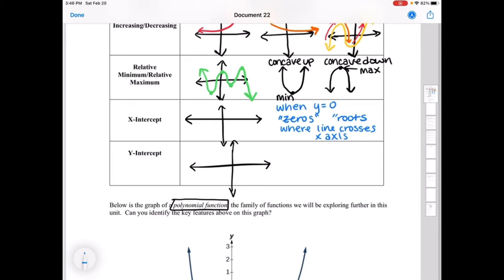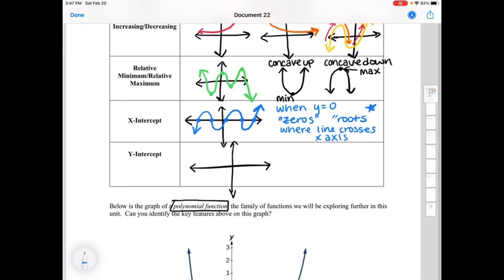So if I were to do an example line, I could do this. And the possible zeros are right here, every time it crosses the x-axis. And I'm going to put a little star here.